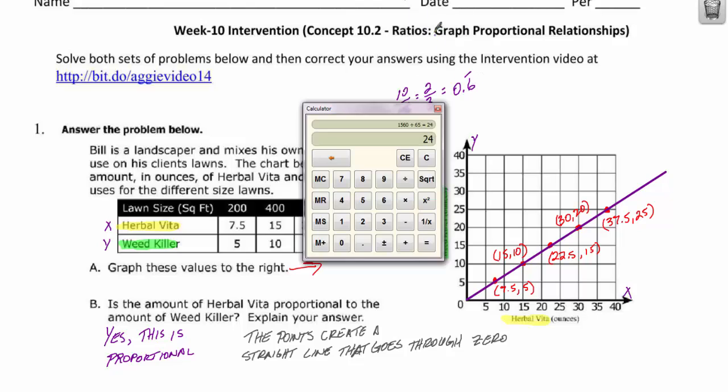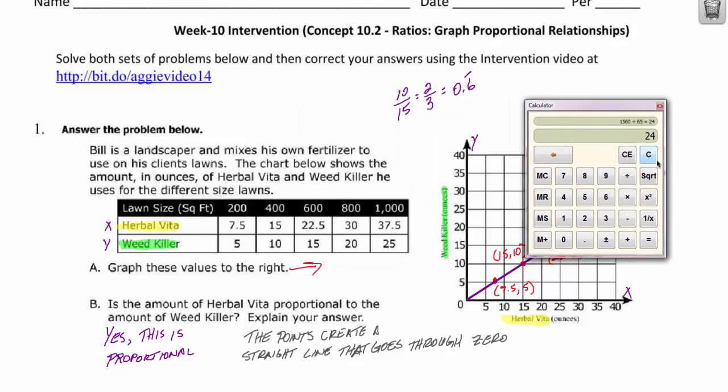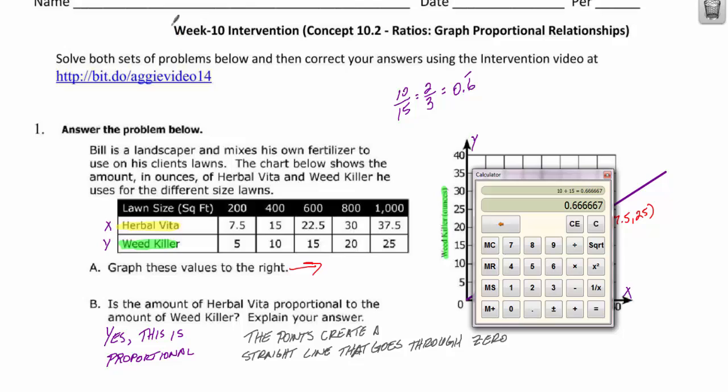Let me bring up my calculator real quick. You can see I've got some work left from a previous video. If I do 2 divided by 3, I get 0.66666, or 0.6 with a line over the top. If I go back to the original 10 divided by 15, I get the very same thing. That also happens if I divide 5 by 7.5.